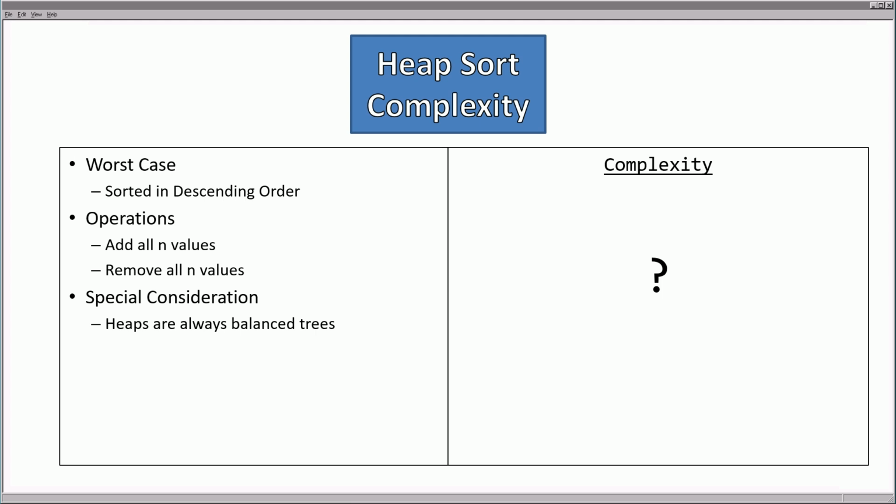Now, this is unlike a binary search tree, which could be unbalanced. So, as we know, a balanced tree, starting from the root to any of the leaf values, is log n. This means we have to add n elements, which will take log n cases, then remove all n elements, which will take log n complexity, or for short, heap sort is n log n complexity.